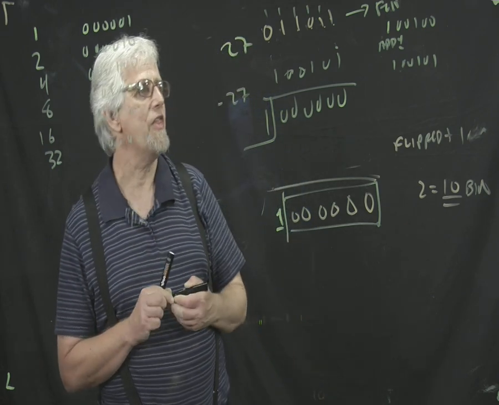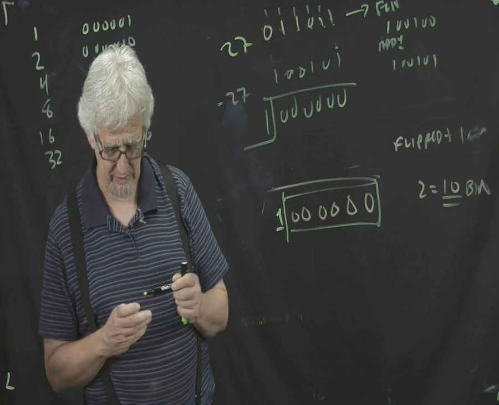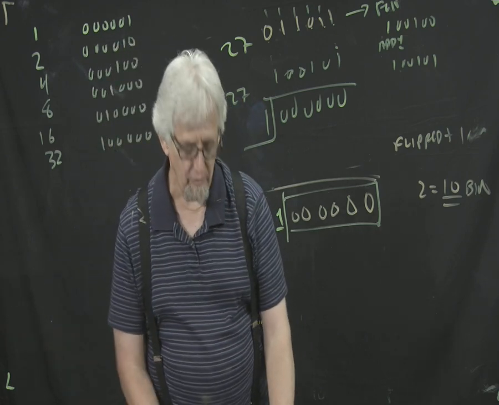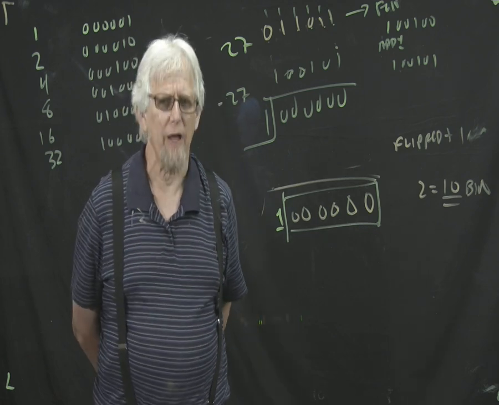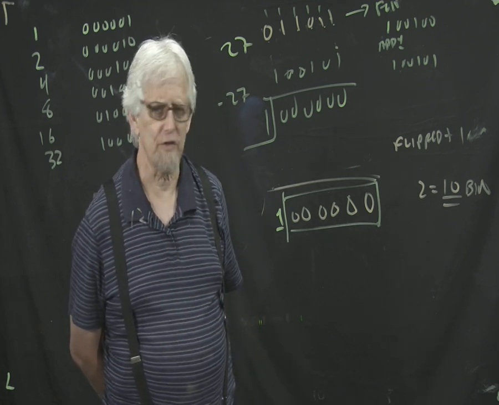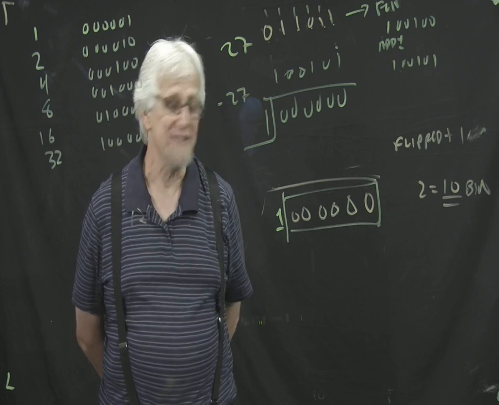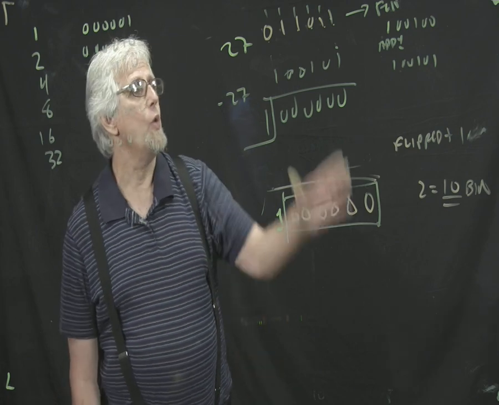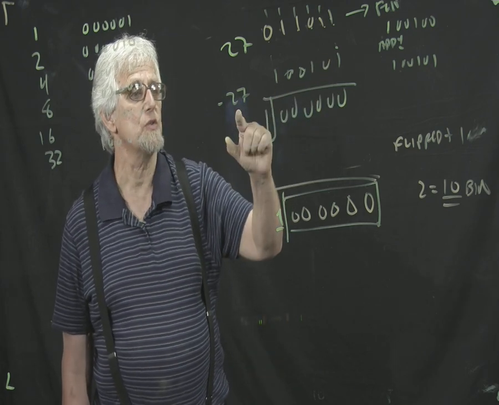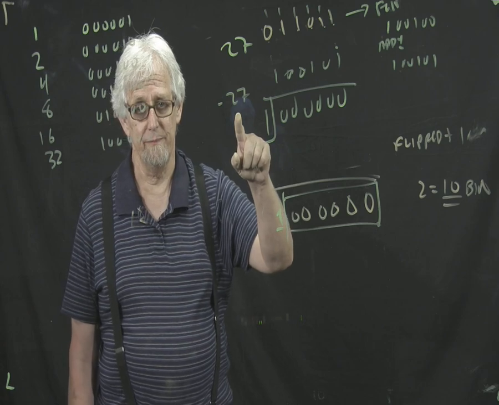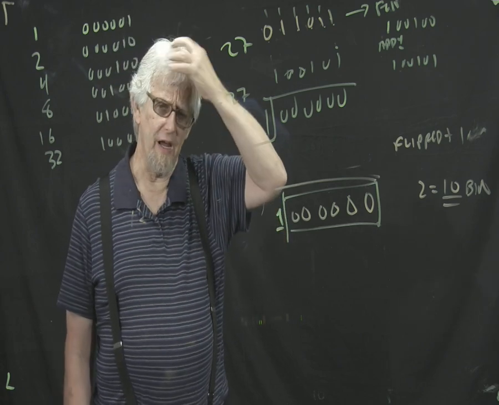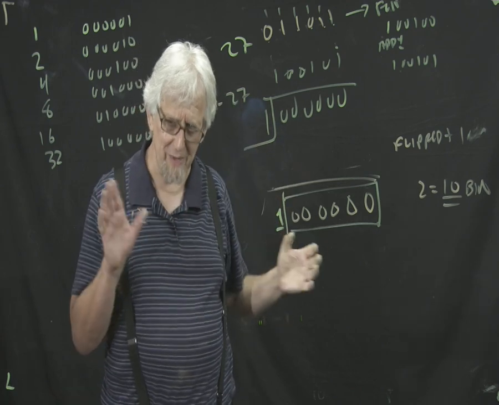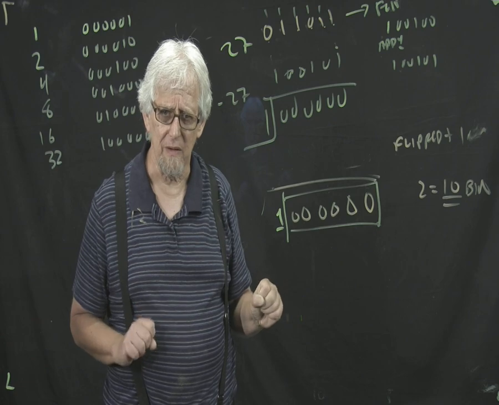Okay. The thing to remember is that in some ways, the way you look at a bunch of bits in computer memory is kind of arbitrary. We could look at this number as a minus 27. Or if I say, I don't care about negative numbers. I have 6 bits. I want to have 6 bits of pure binary. Forget the negatives, right?